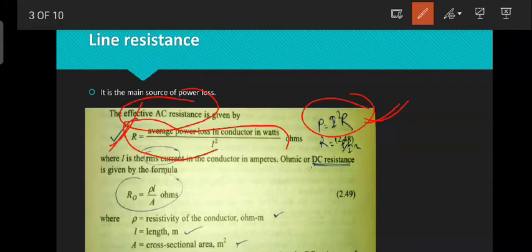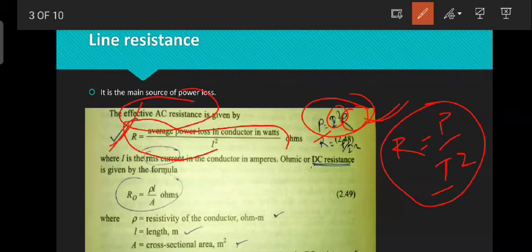After getting the I on one side and the R on one side, I square comes to the denominator side. So R is equal to power divided by I square. This is our formula, and the unit of resistance is ohm.